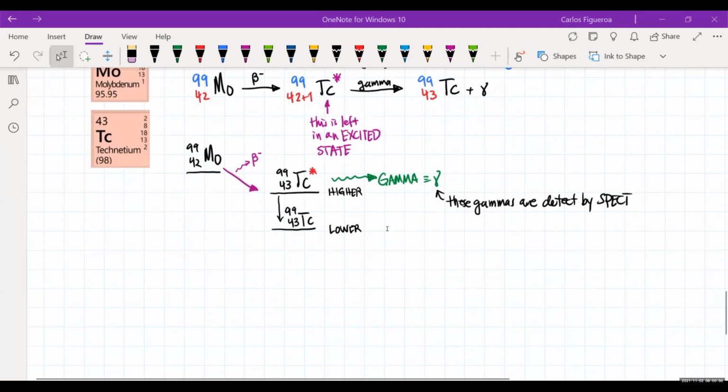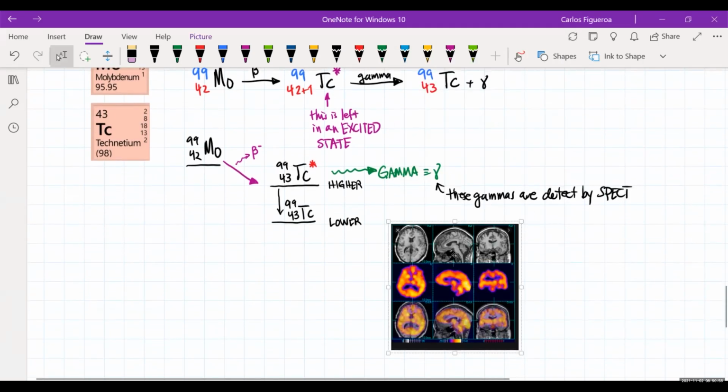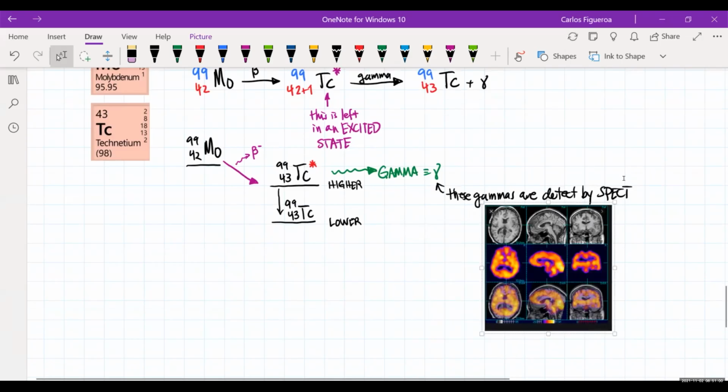So when you look at the medical imaging of this, this is the actual image right here. And what they do is they come in here and then they make what's called a false color image.